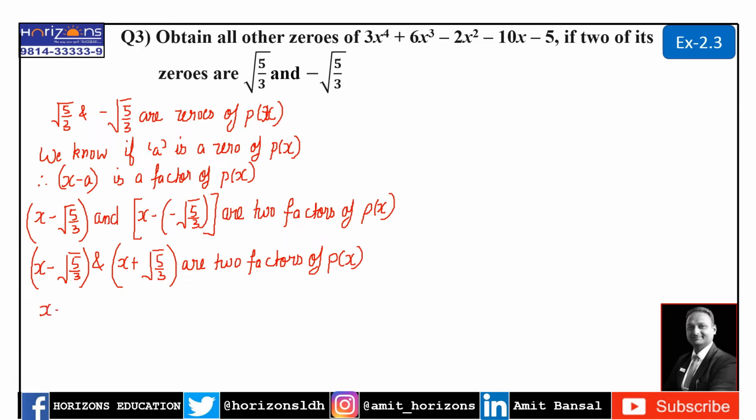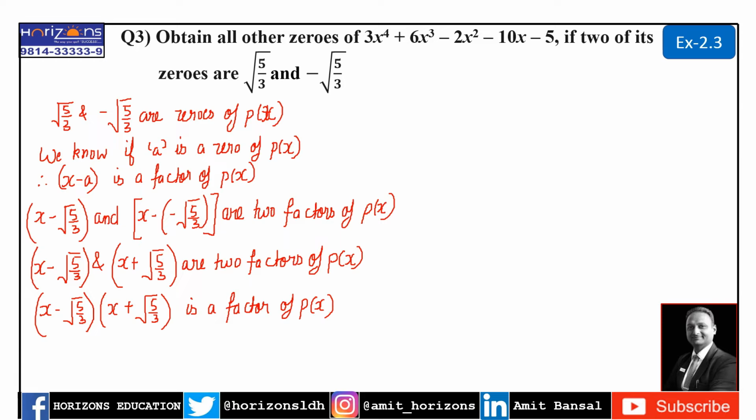If these are two factors, then their product should be one of the factors of the polynomial. So x minus root 5 by root 3 into x plus root 5 by root 3 is a factor of p(x). Right, friends? Any problem till here? Okay.